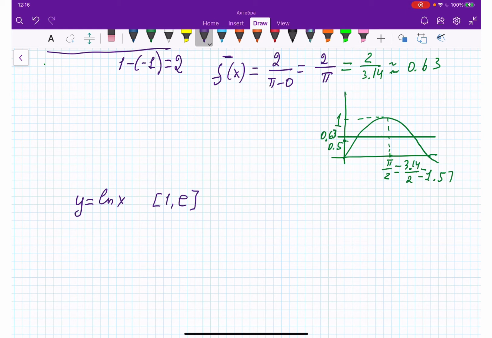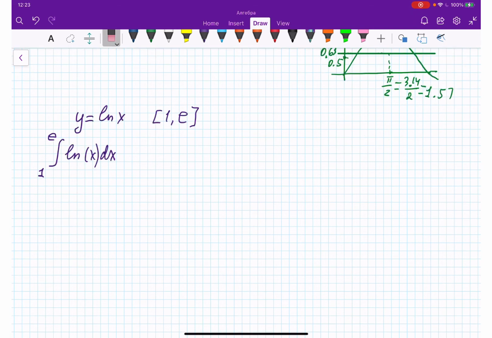Okay, so we are going to take integral from 1 to e natural log x dx. Using method of substitution, we are going to get x ln x minus x.